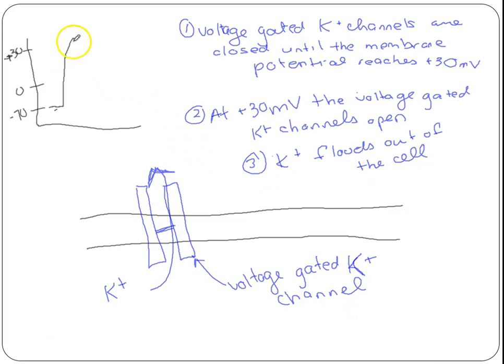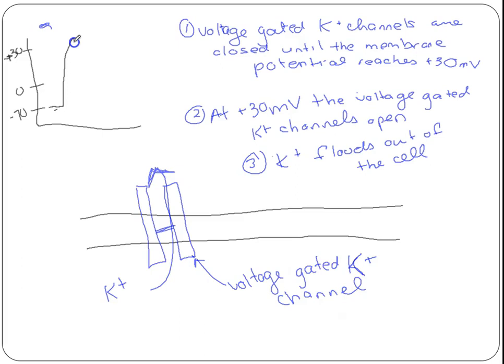So if we look up here in the left-hand corner, we were going along, some stimulus came in, it opened up those sodium channels, right? And at positive 30, they closed again. But now it opened up potassium channels, and potassium is flooding out of the cell.